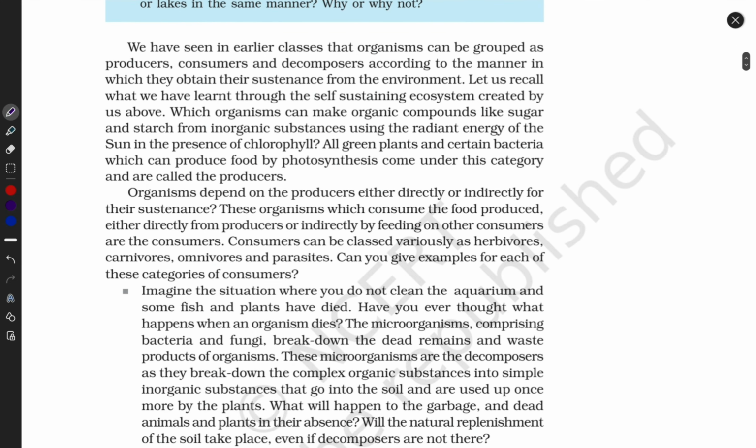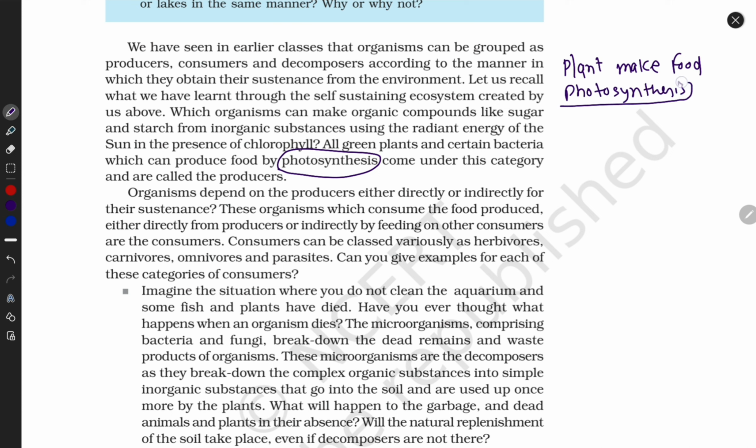Let's go further. We all know that plants make food. By which process? This is called photosynthesis. How does this phenomenon occur?